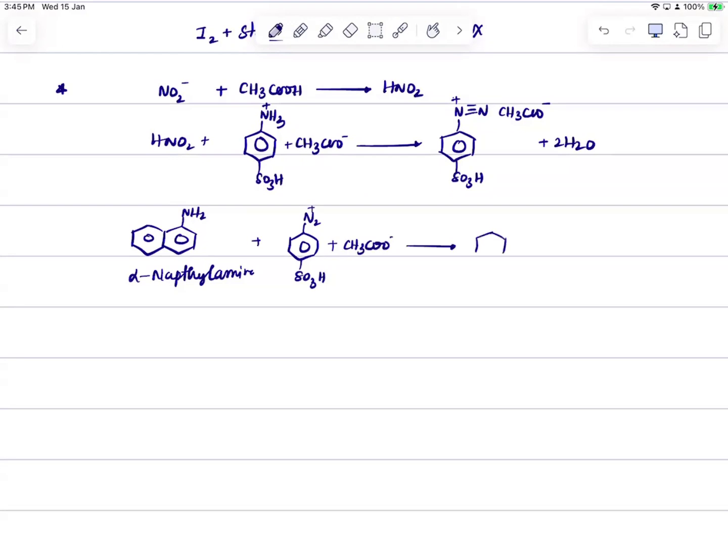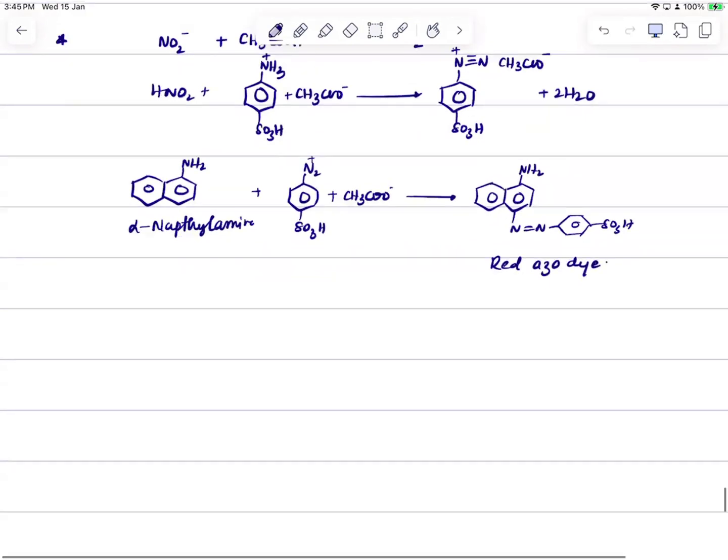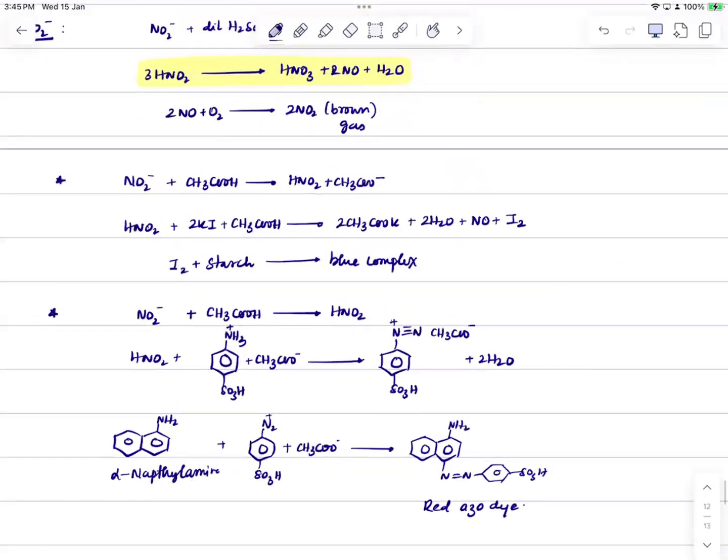This will have an attachment on the para position. So N double bond N with benzene and SO3H. And this is a red color azo dye. Clear? This is the test for NO2 minus.